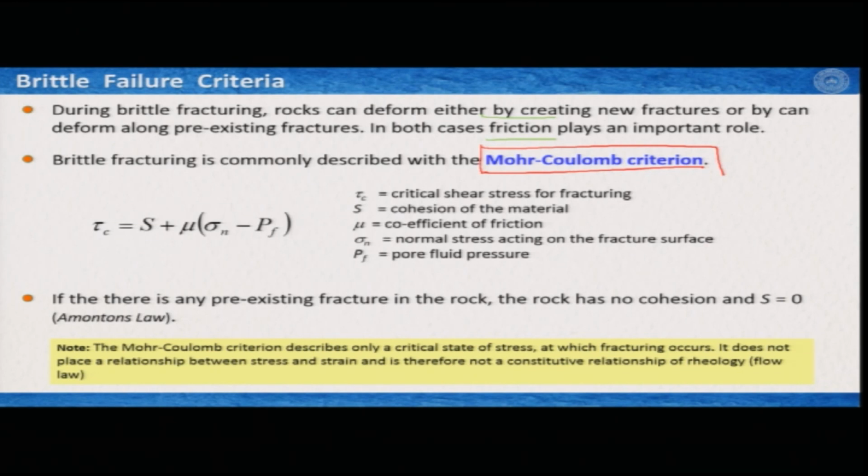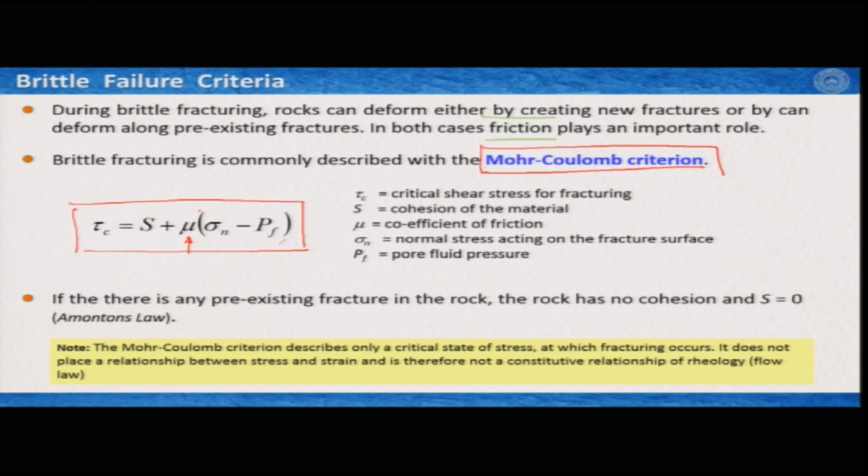It is expressed by a very simple equation where the critical shear stress for fracturing is equated to S, which is the cohesion of the rock you are talking about. The mu is the coefficient of friction, sigma n is the normal stress, and Pf is the pore fluid pressure.